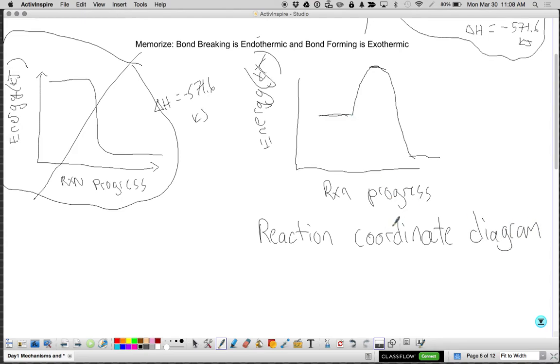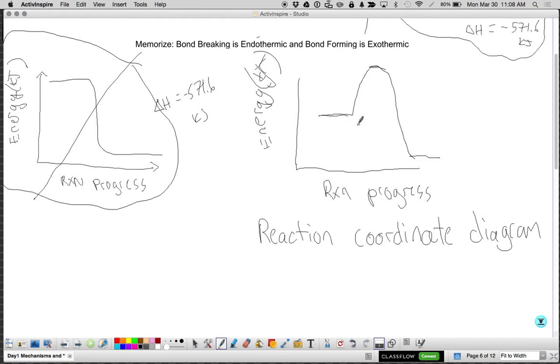All right, and there are some features in here that I want to talk about. Last chapter we did change in enthalpy. If you looked at that section in the textbook that we didn't actually do, there were some other things called delta S and delta G, which are other forms of energy. This chapter, we're switching from delta H to just delta E to kind of simplify the picture a little bit.